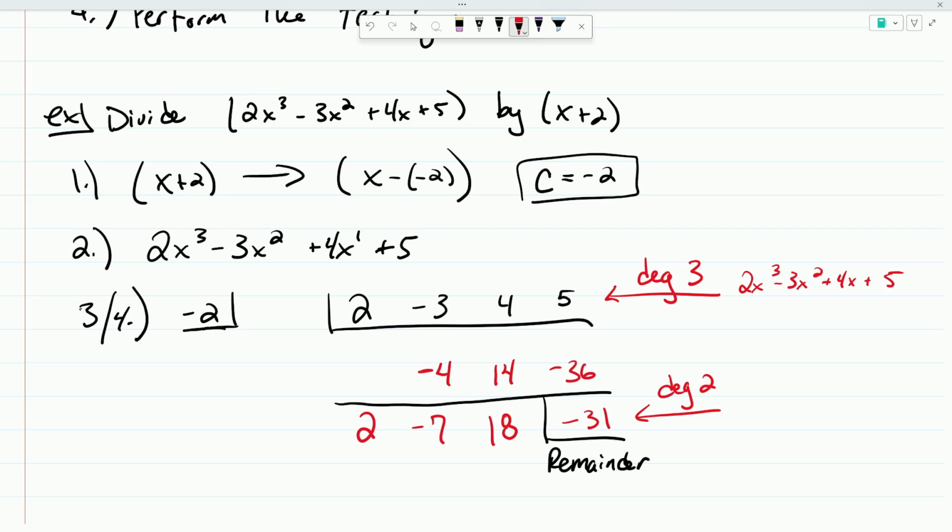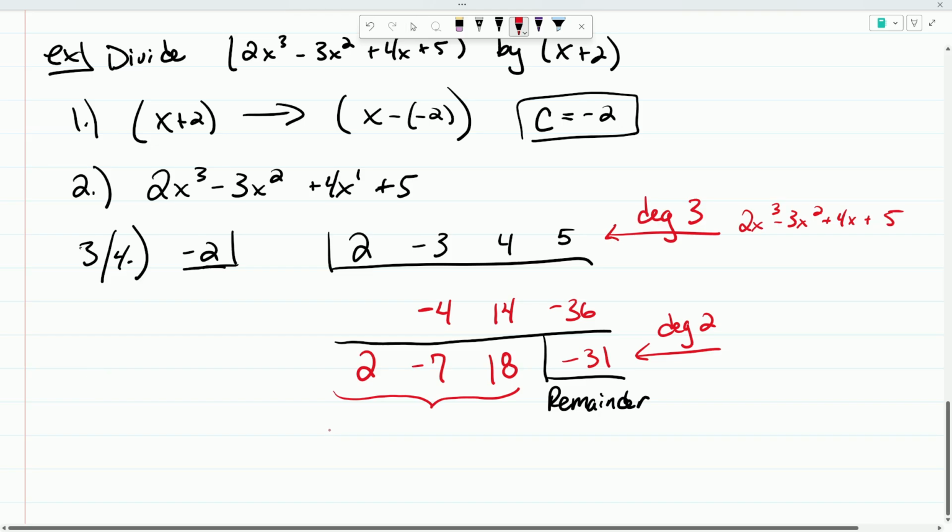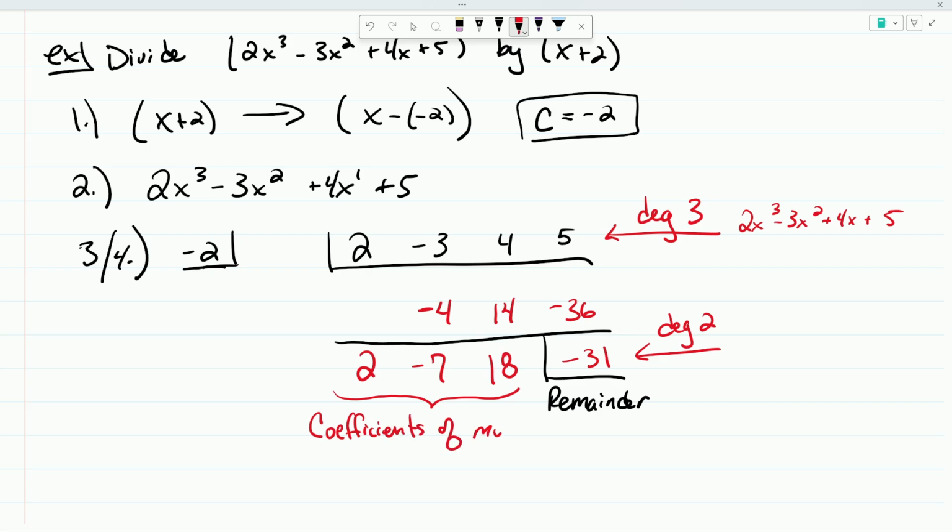So this is going to be degree of 2. In other words, the polynomial is going to be a degree of 2. And these numbers right here, they are the coefficients of my quotient, meaning the answer. So if I move from left to right, I get 2x to the second minus 7x plus 18 with a remainder of negative 31.